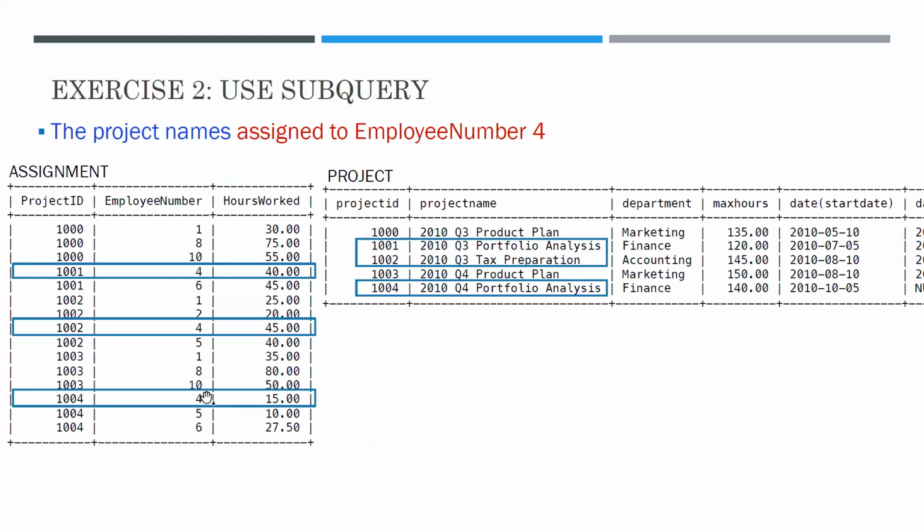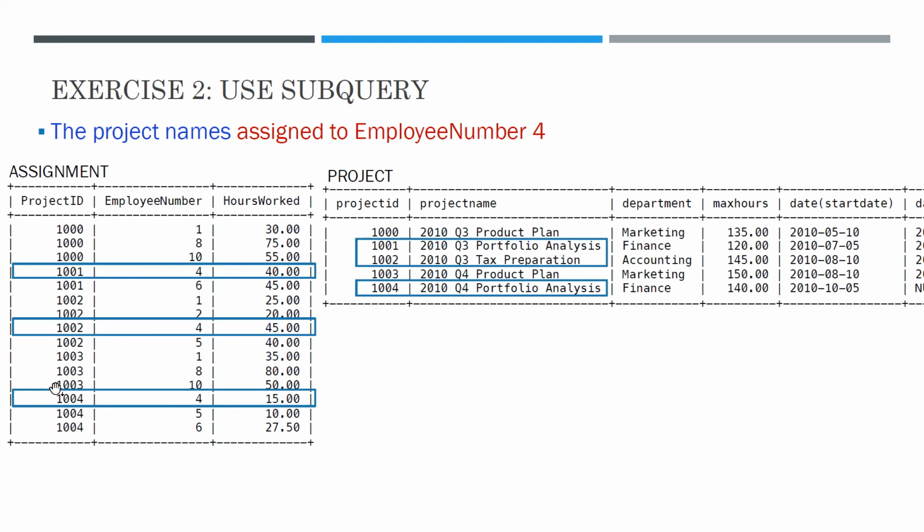You can say starting from the condition, employee number 4. In all those employee number 4, where are the project IDs? 1001, 1002, 1004, right? These 3 projects, 1001, 1002, 1004, have employee number 4.